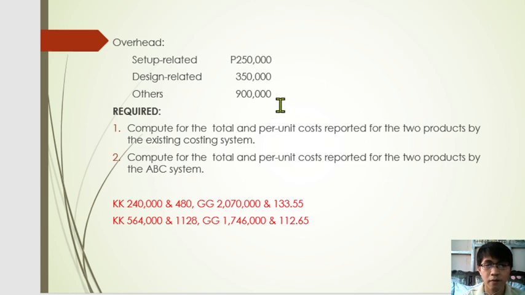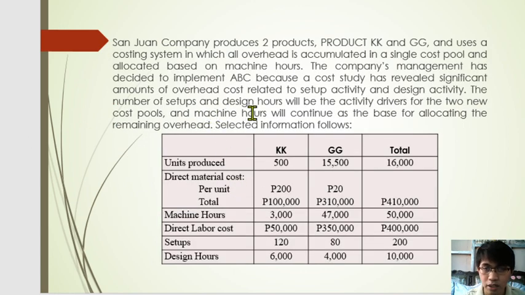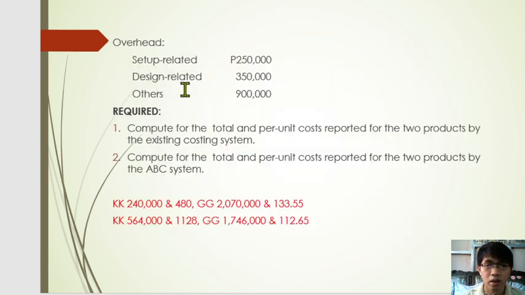Okay. For others, 900,000. It says machine hours will be used for the remaining overhead. So, 3 over 50 times the other overhead, 900,000. Then you total all of that, and that will lead you to your answer.